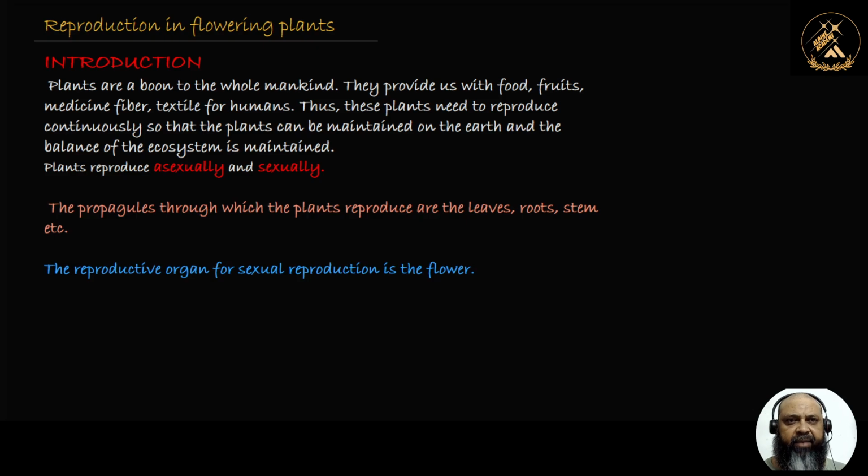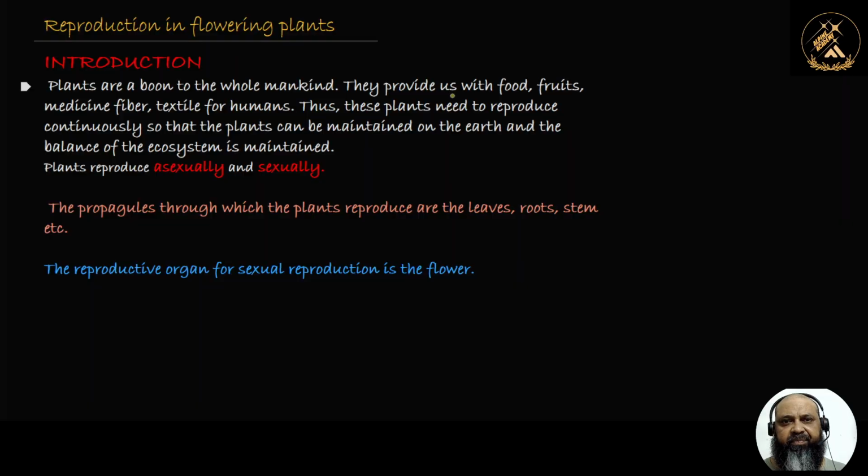As you know, reproduction is the name of the process by which an organism can produce their own copies. The same thing is here. Plants need reproduction, as we know that plants are a boon to mankind.